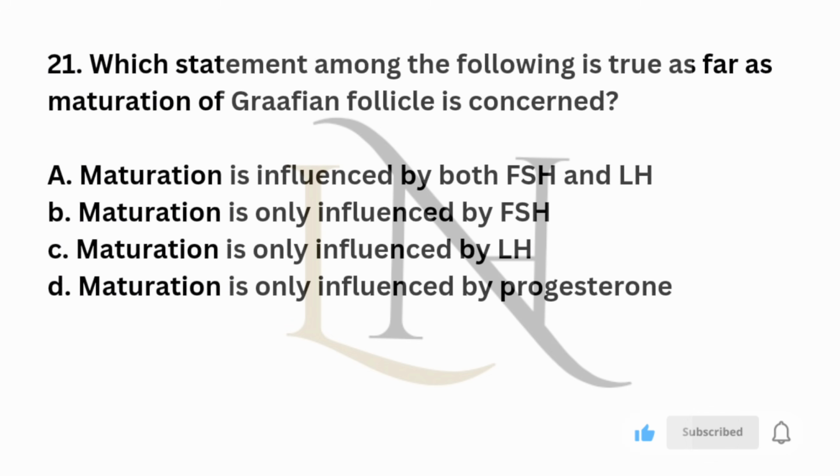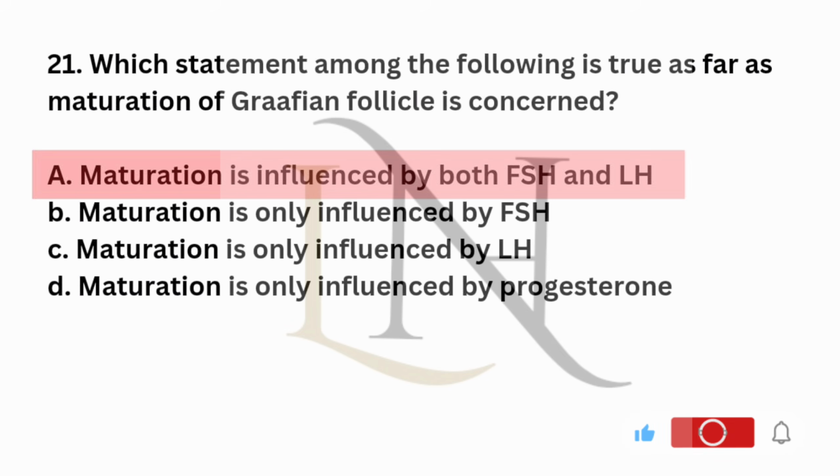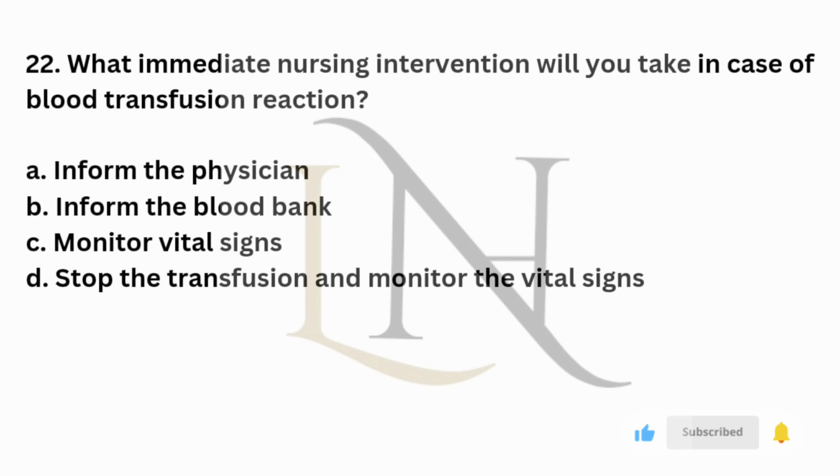Option C, maturation is only influenced by luteinizing hormone. Option D, maturation is only influenced by progesterone. Correct answer, option A, maturation is influenced by both follicle stimulating hormone and luteinizing hormone.